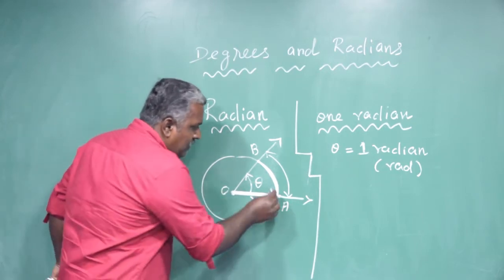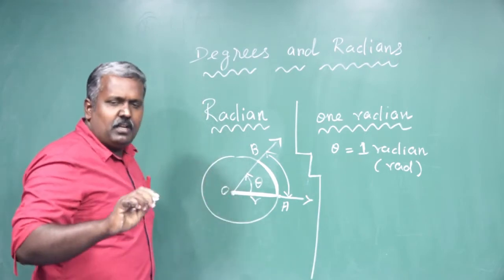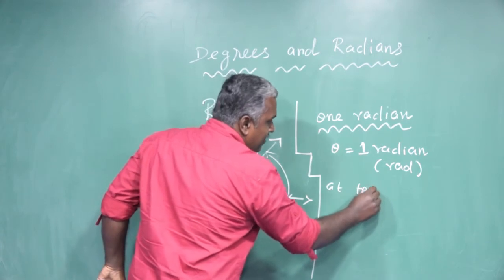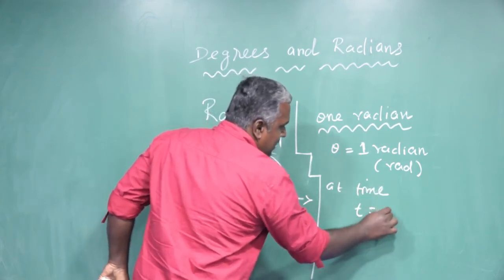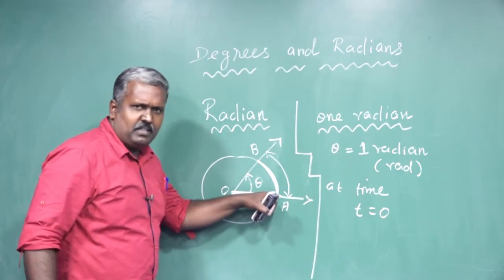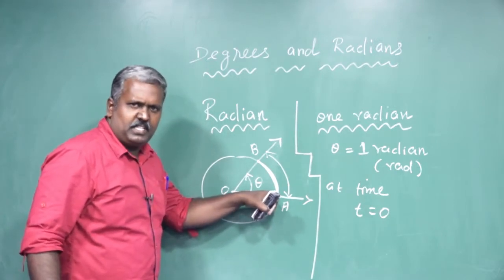So, what is the position of the particle or object at the time t is equal to 0? This point. I am correct or not? That means in starting. Clear?